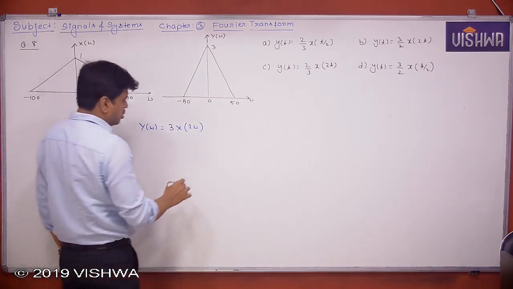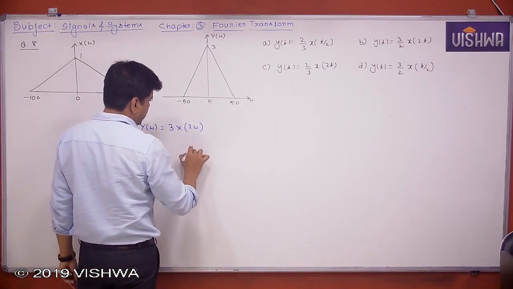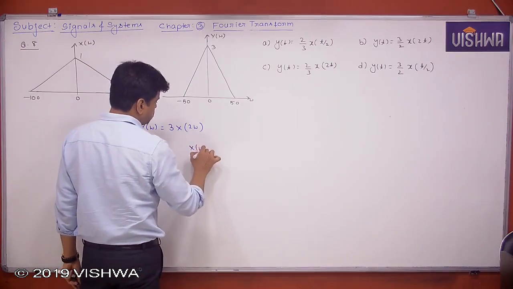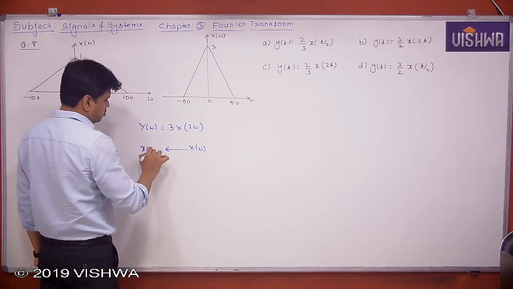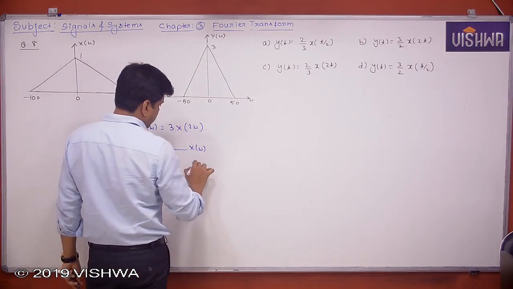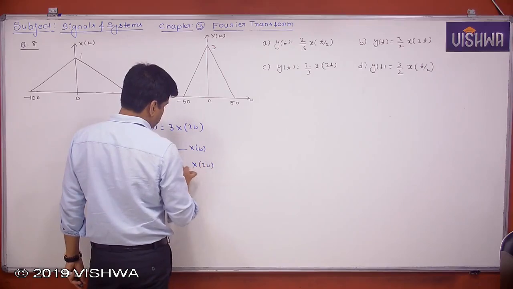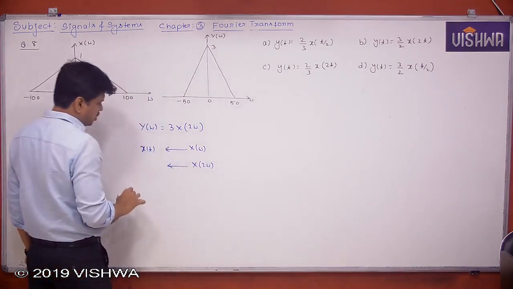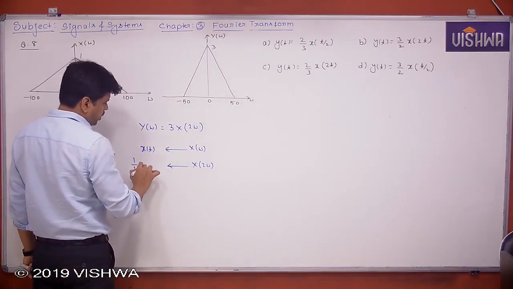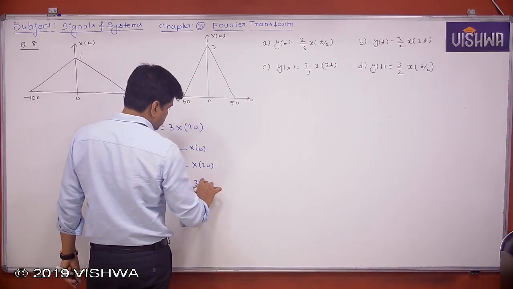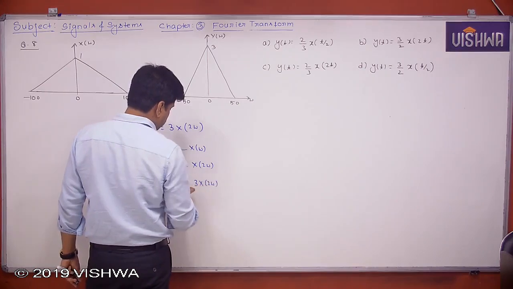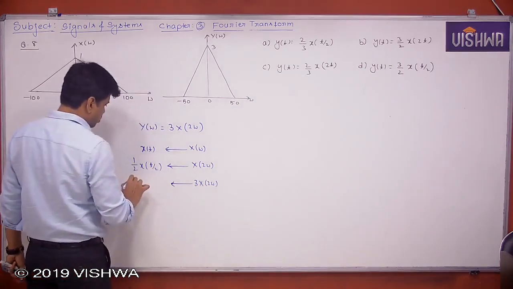So let's see. First, x of omega, we are having inverse Fourier transform x of t. Then x of 2 omega, what is the inverse Fourier transform for this? 1 by 2 x of t by 2. Then if it is multiplied with 3 x of 2 omega, here also we have to multiply with 3.